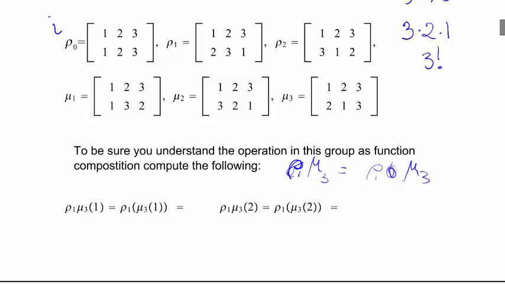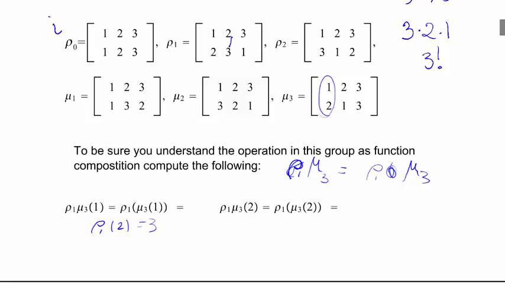That is row 1 of mu 3 of 1. So we look up here at mu 3, and we see that mu 3 of 1 is 2. So this is row 1 of 2. We go up to row 1, and we see that row 1 maps 2 to 3.